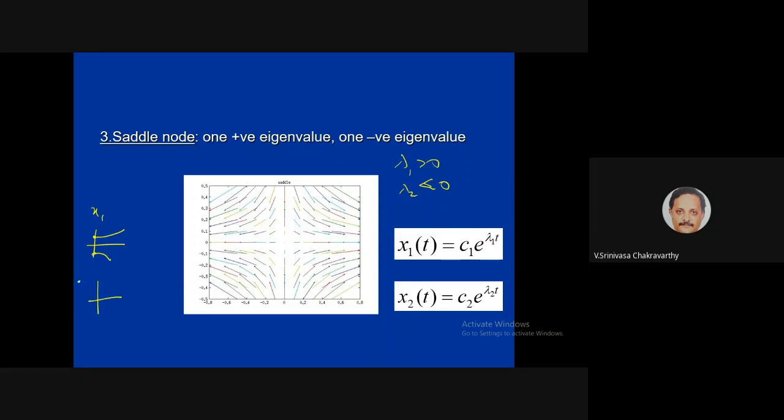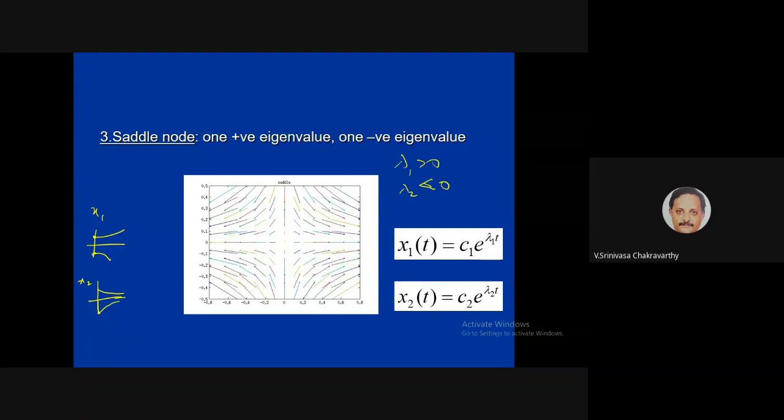But x2 goes to 0. So what happens is, in one direction you go to 0, in the other direction you go to infinity. If you look at this flow, x2 is going to 0, whereas x1 goes to either plus infinity or minus infinity.